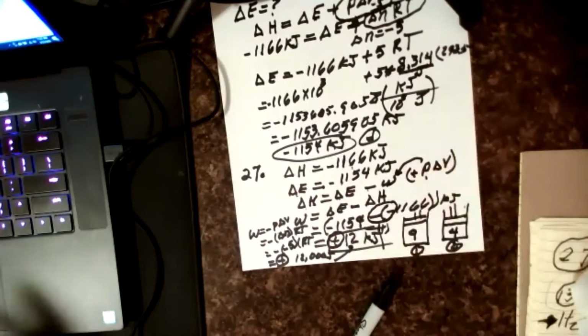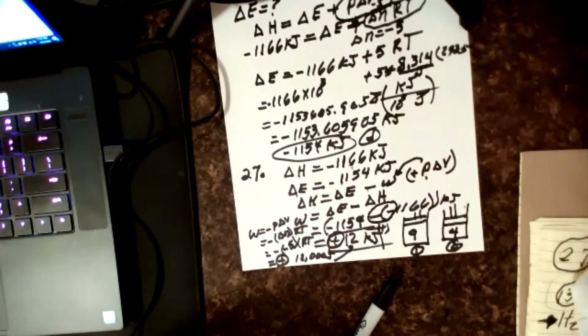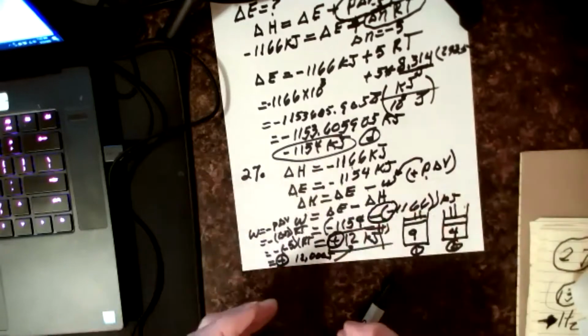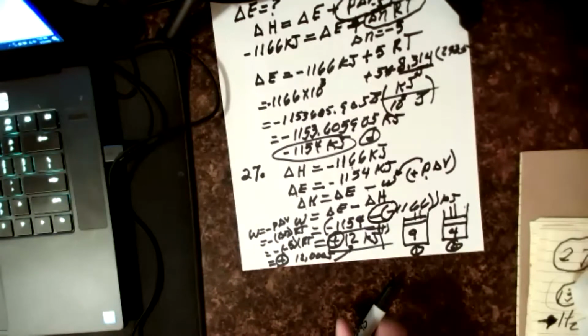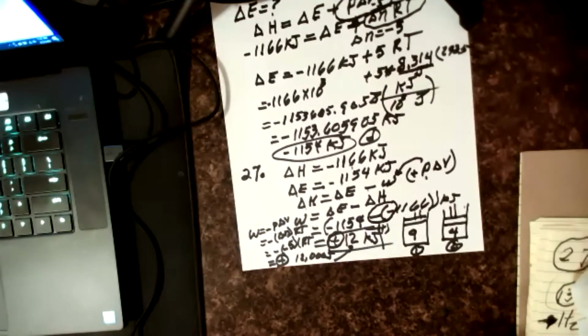I'm not going to add up all the positive ones and write that down. Add up all the negatives, write that down with a negative sign, and then do that subtraction. That just takes too much time, and it's wasteful. So I'm trying to impress on you how to maximize your time.